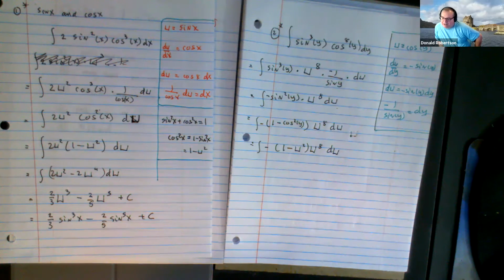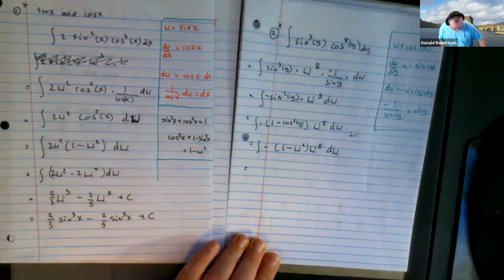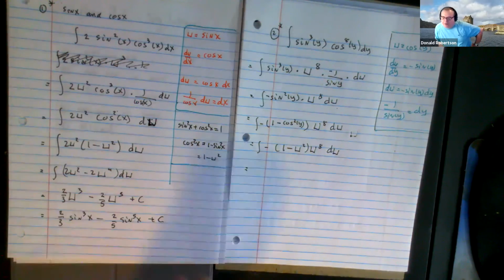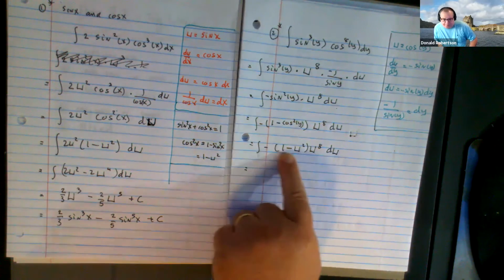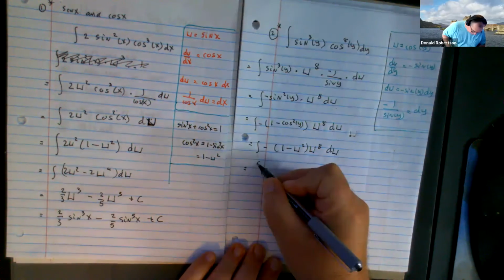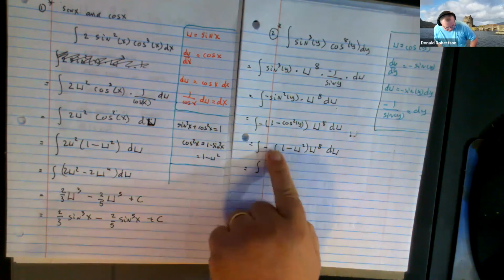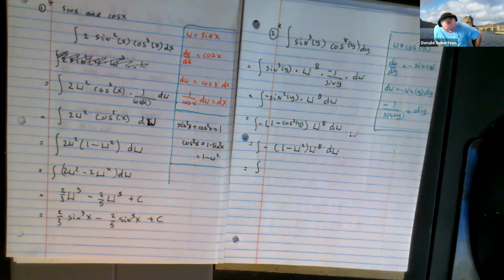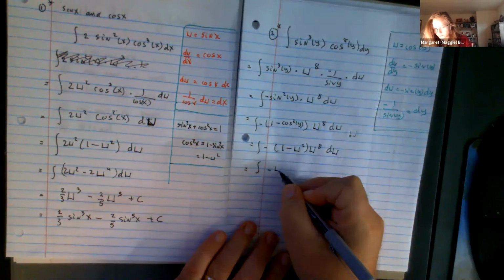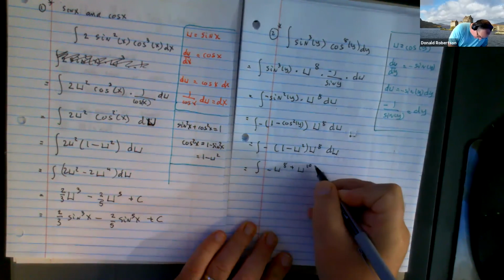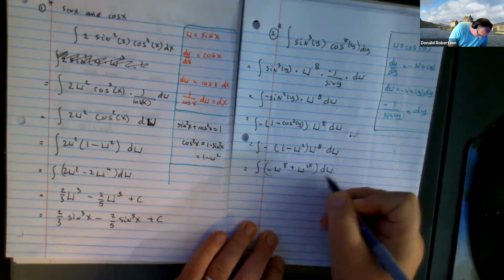Is this question beginning to have a flow to it? Kind of a way that they work? Now, what do you think I should do next? Because this is doable, but I have to do something first. What will I do here? Will you distribute the u to the 8? You will. And hopefully I'll distribute it correctly. And then I'll do the power rule.